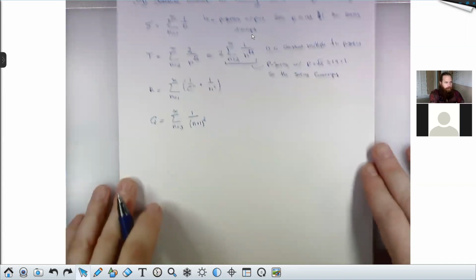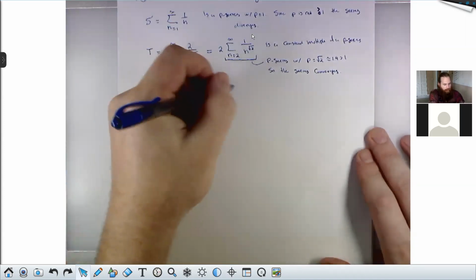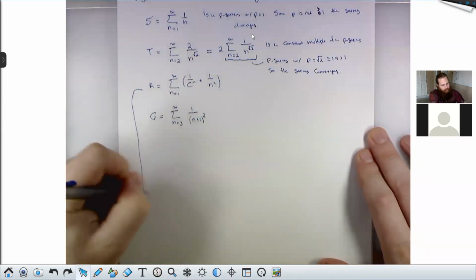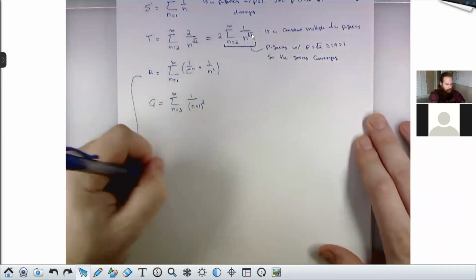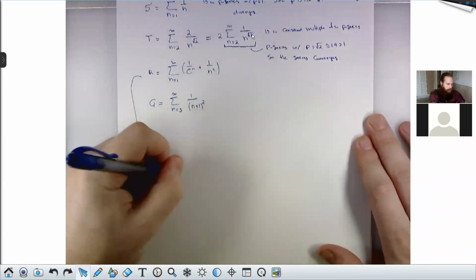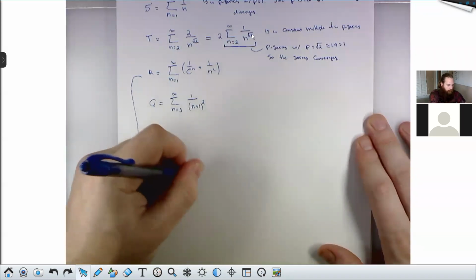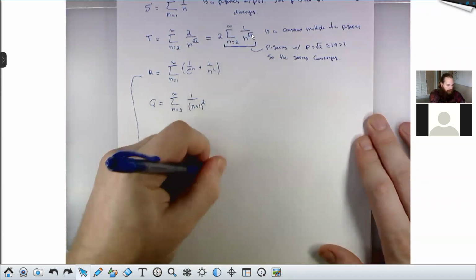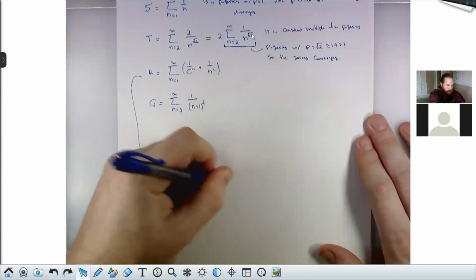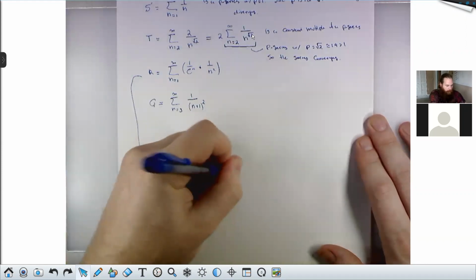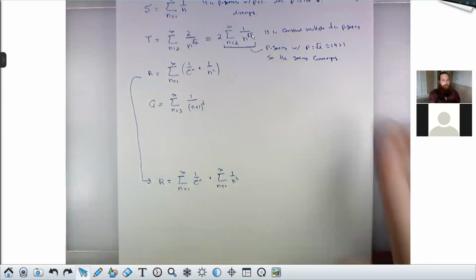R, let me take the work for R down here. That's sigma n from 1 to infinity 1 over e to the n plus sigma n from 1 to infinity 1 over n squared.